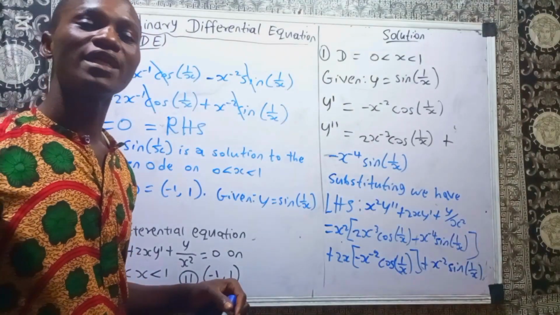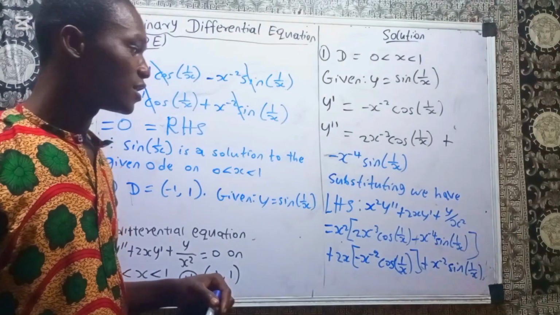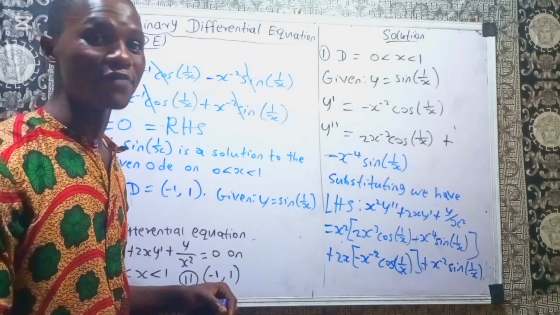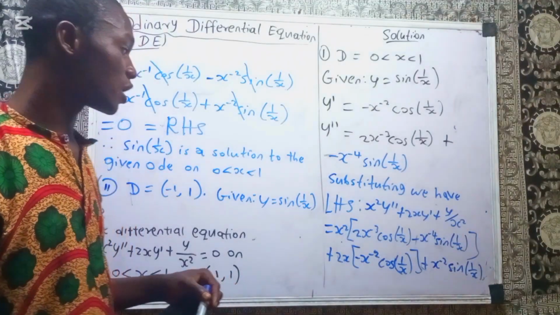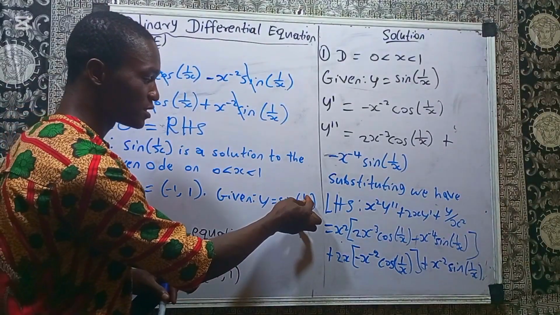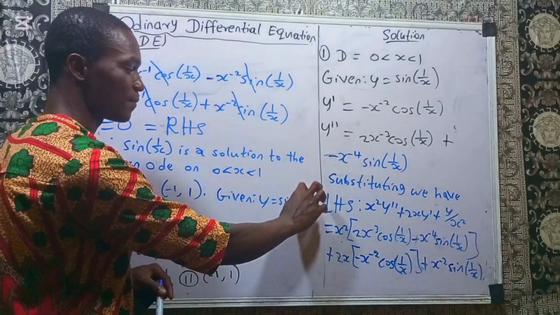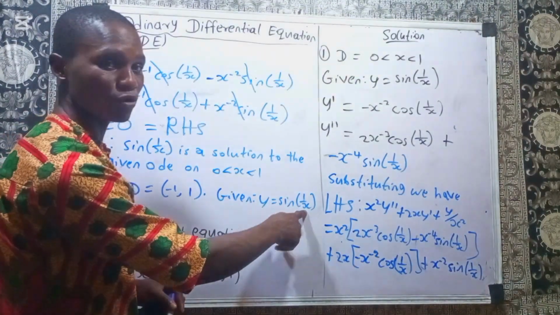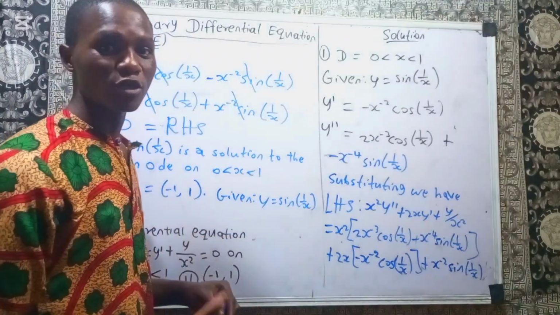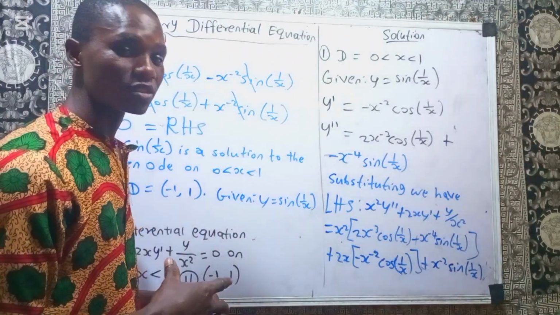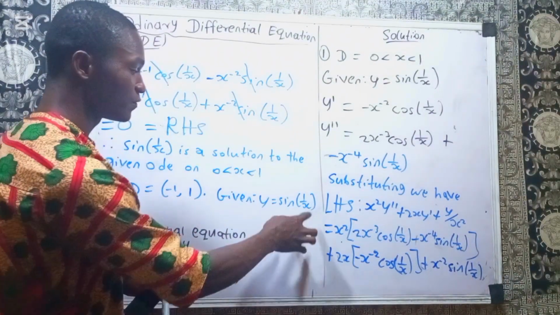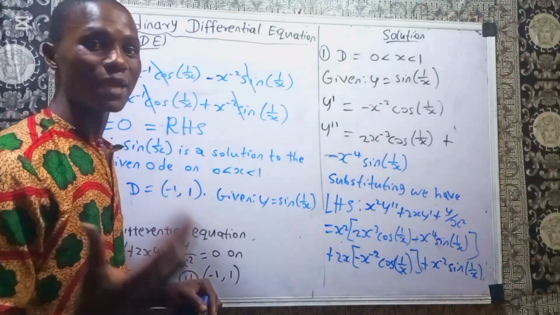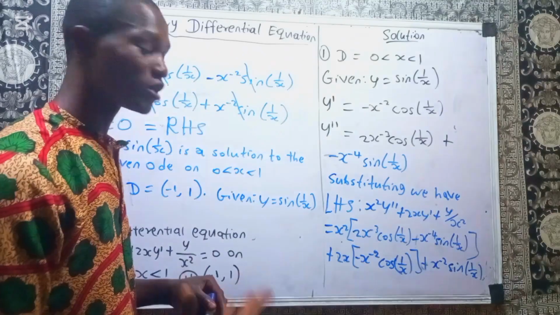It is continuous on every real number, right? So the only place it is not continuous is if you are having infinity, which is not a real number. The only thing that will make this angle of sine, this 1 over x, to be infinity is if the denominator is 0, because this is a fraction. If the denominator of a fraction is 0, we will be having infinity. So if x is 0, you will now have 1 over 0, which is infinity. So that's the only time it will not be a real number.